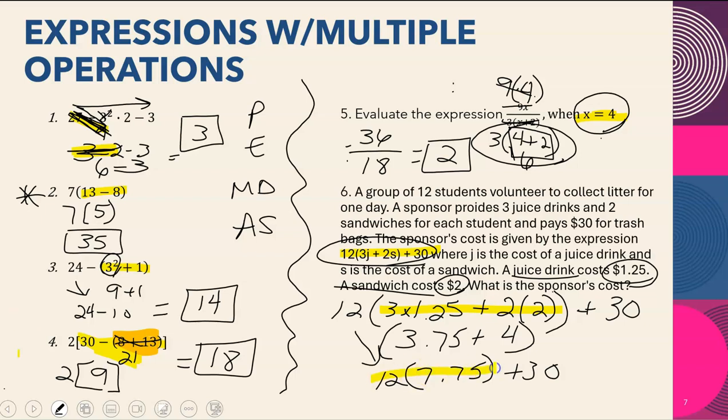So we're going to do that multiplication first. And we're going to take 7 3/4 times 12. Once you do that, you end up with 93. Add that 30 on there, and you get $123 is how much they spent.